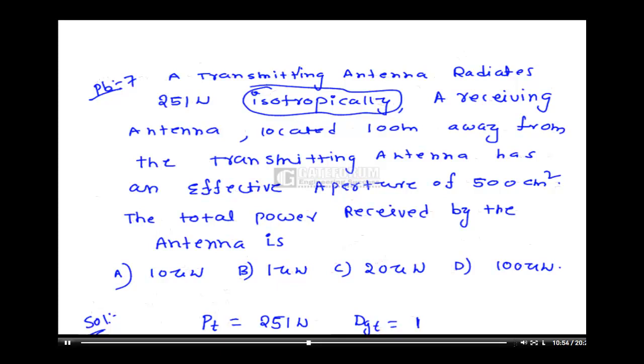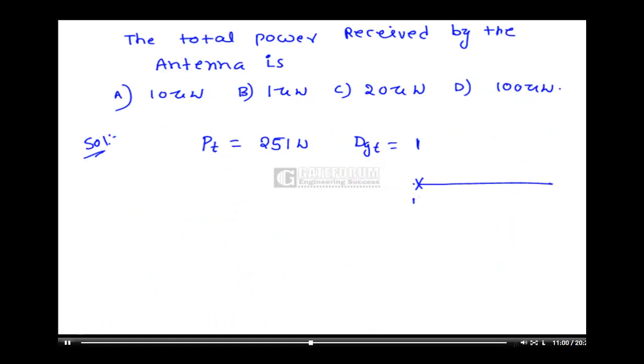A receiving antenna is located 100 meters away from the transmitting antenna. So this is the transmitter, and this is the receiver. The distance is 100 meters, so R is equal to 100 meters.